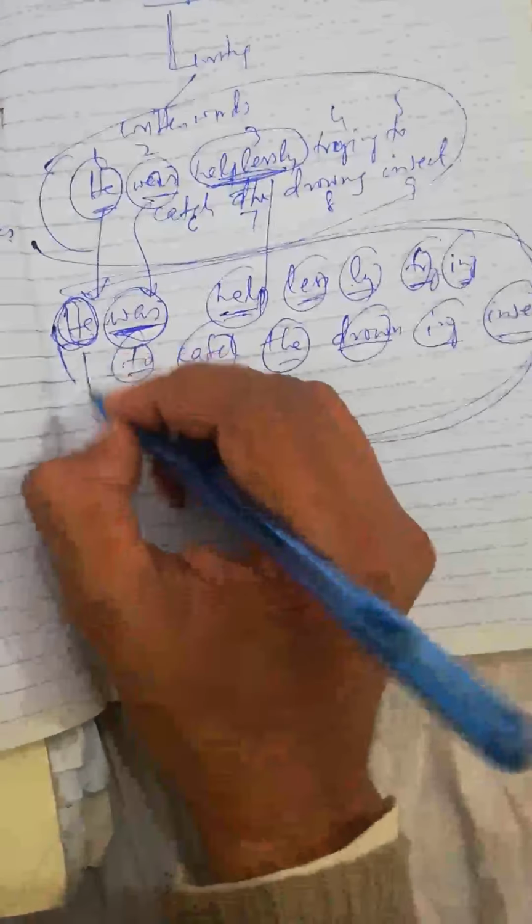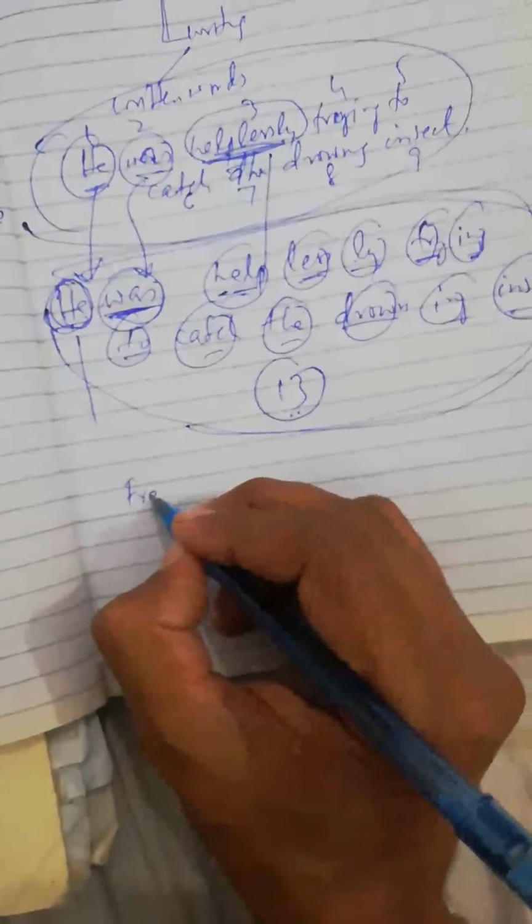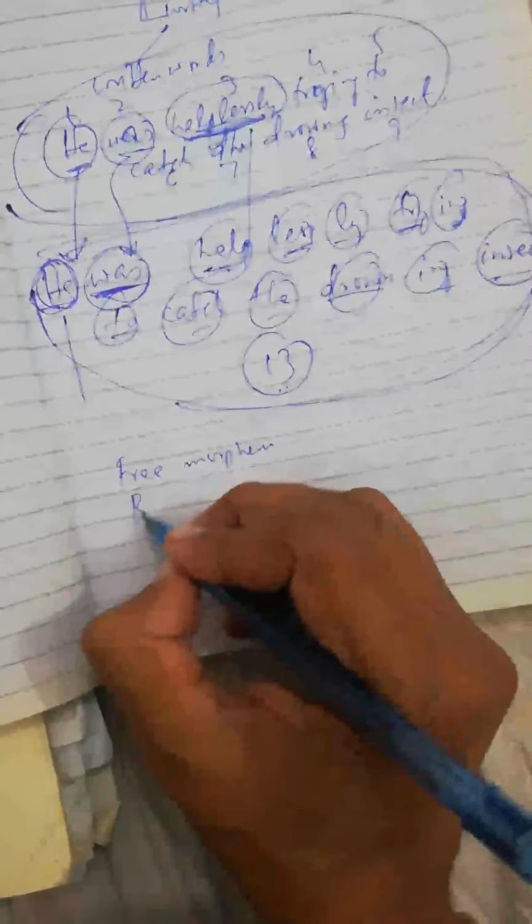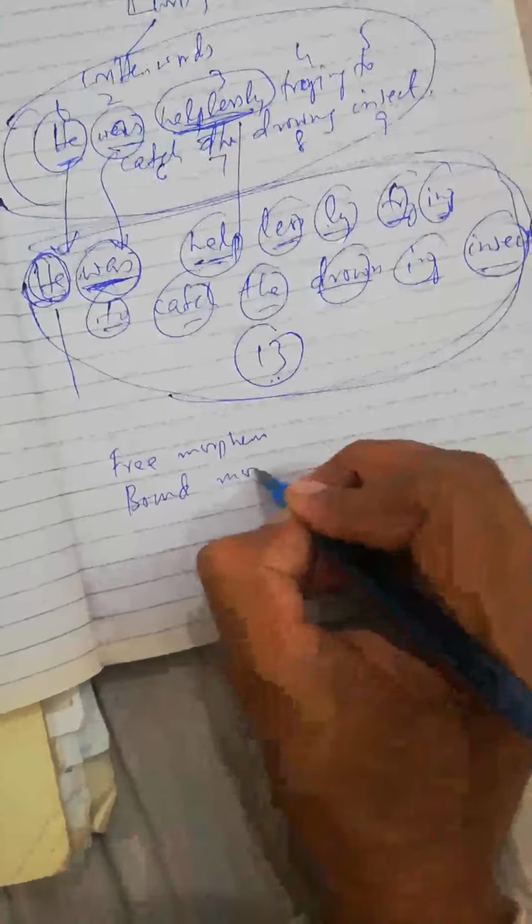Now we can categorize morphemes into two distinct subcategories: free morphemes and bound morphemes. Free morphemes, as you can see: he, was, help, try.